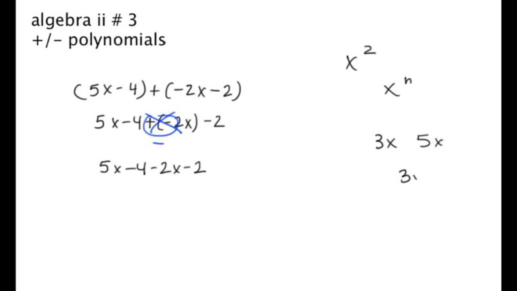But if it was 3x squared and 5x, you could not do that because the power is different. For 5x, the power is 1, and for 3x squared, the power is 2. They're different, so you cannot add or subtract them.